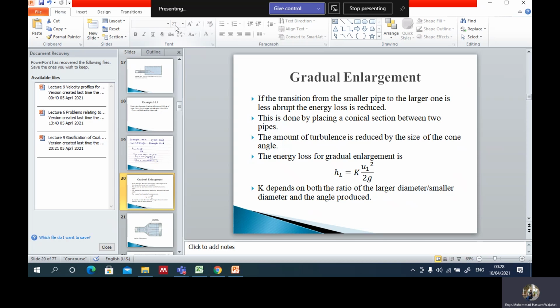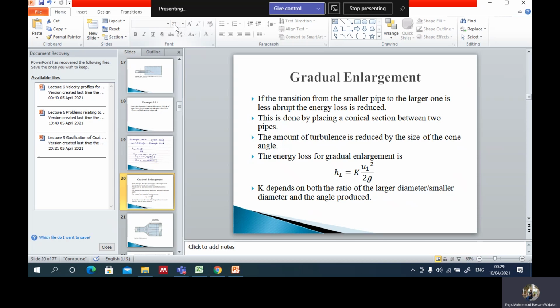Second thing is that in the first case of sudden enlargement, it was the ratio of the diameters with the velocity, because velocity was the factor which was causing turbulence. In this particular case, the turbulence is actually caused by creating an angle in the flow.